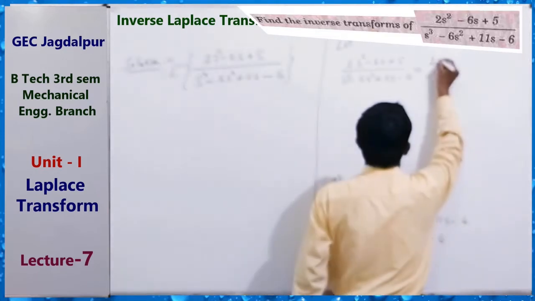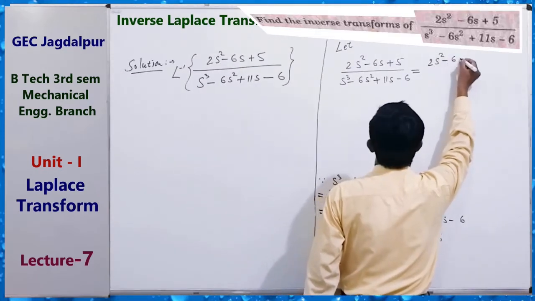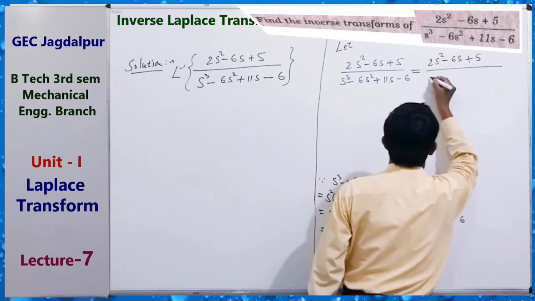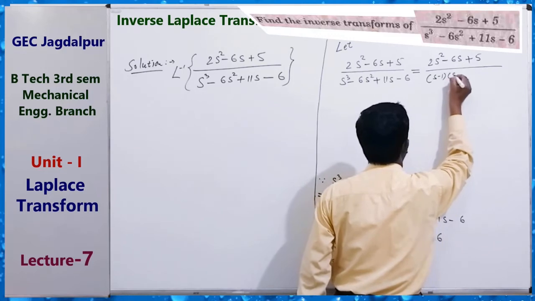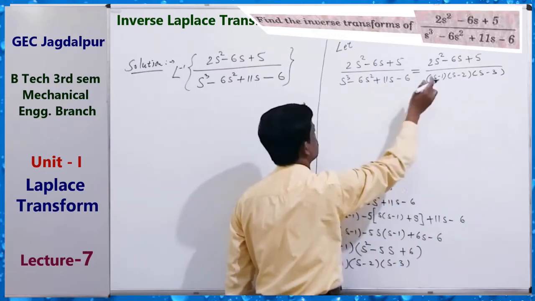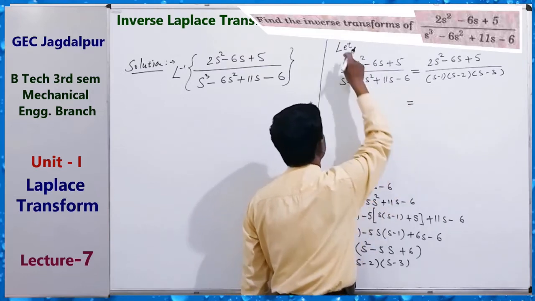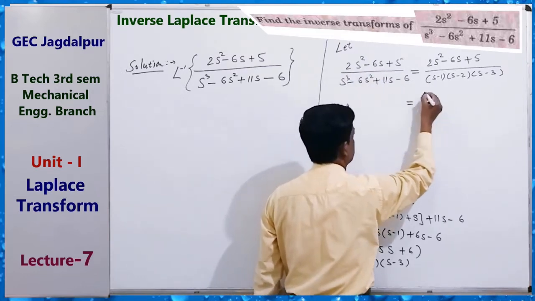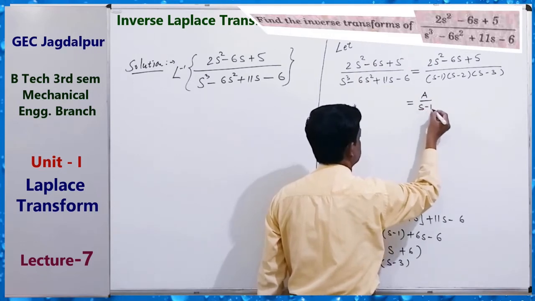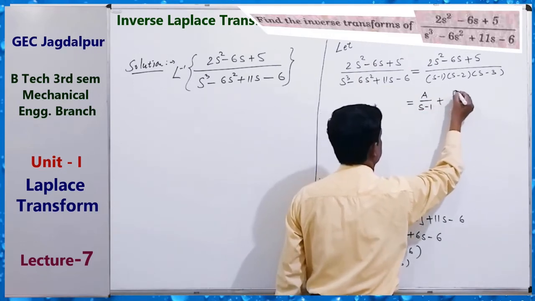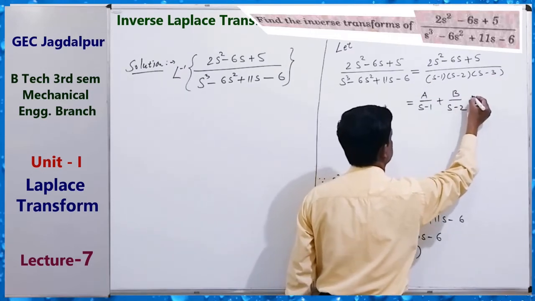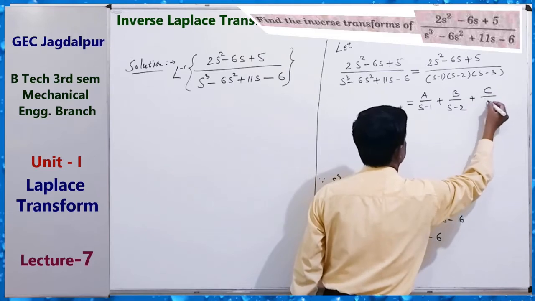Okay, so 2s square minus 6s plus 5 upon s minus 1, s minus 2, s minus 3. Let this be equal to a upon s minus 1 plus b upon s minus 2 plus c upon s minus 3, because they are linear factors.